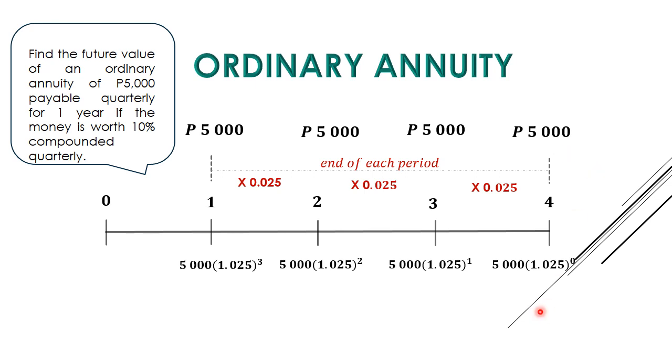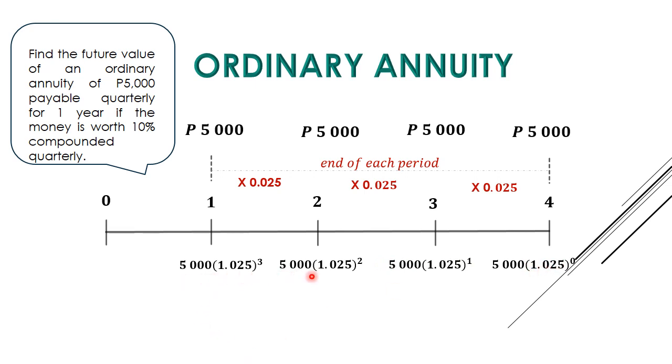All right, so that's how the annuity works. We can say that the payment of your first period is always greater than the payments on the following periods, right?